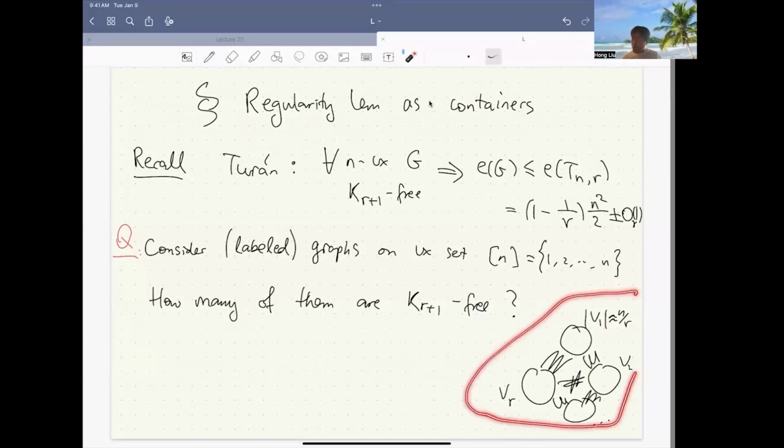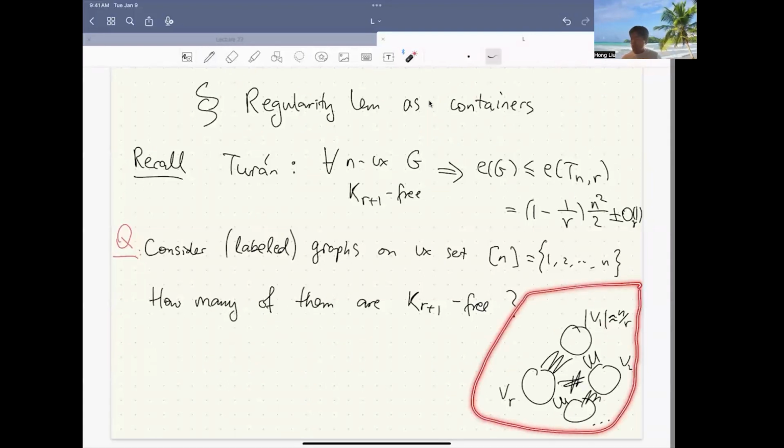If a graph is K_{r+1}-free, then any of its subgraphs is also, of course, K_{r+1}-free. That means we can just take, let's say, this Turán graph and take all possible of its subgraphs. The number of subgraphs is 2 to the number of edges of this graph. For every edge, we have two choices: take this edge in our graph or not take this edge in our graph.